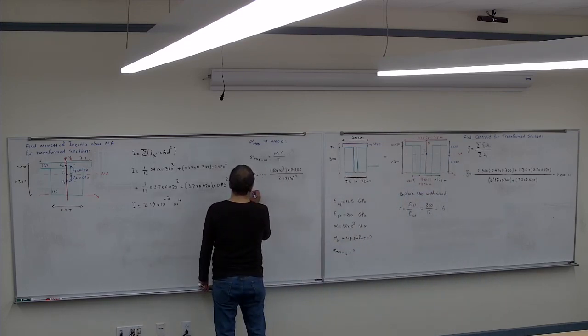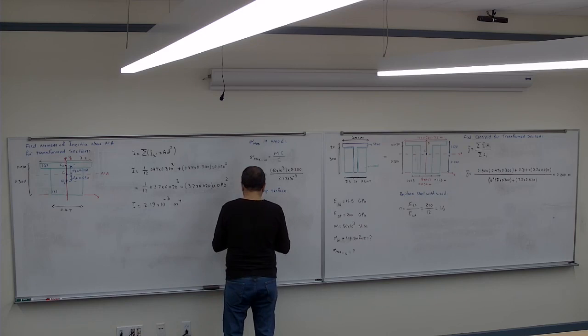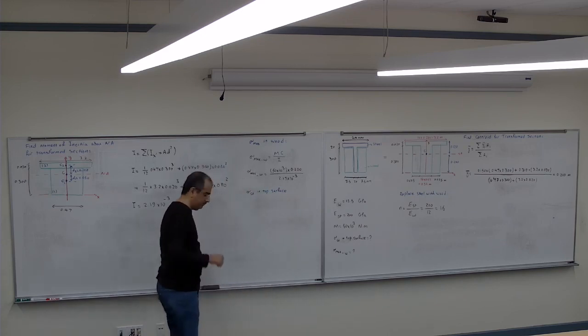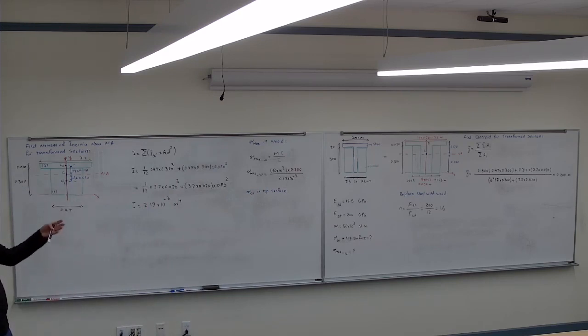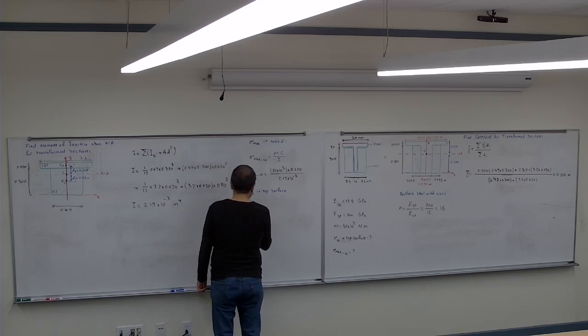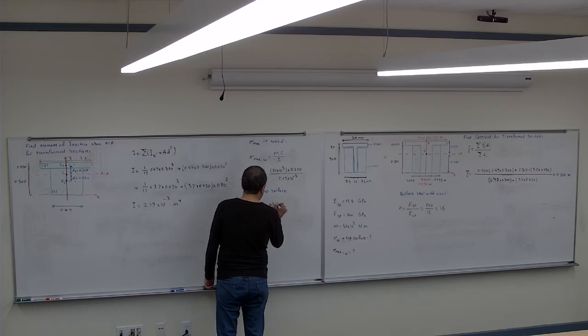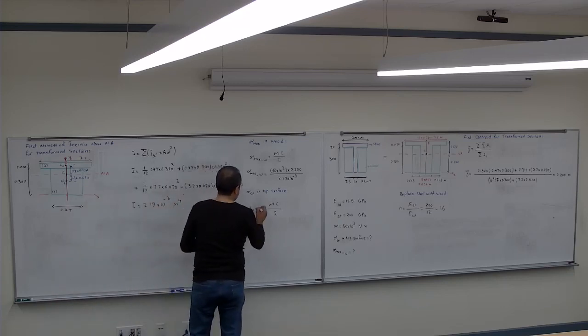So sigma in the steel at the top surface. I'm going to calculate it the simple way, and then I will multiply it by n. So the sigma in the steel would be MC over I, times n.